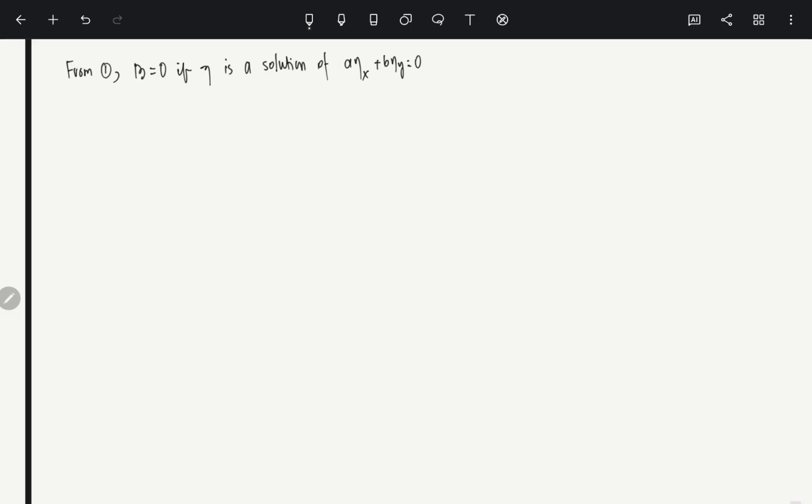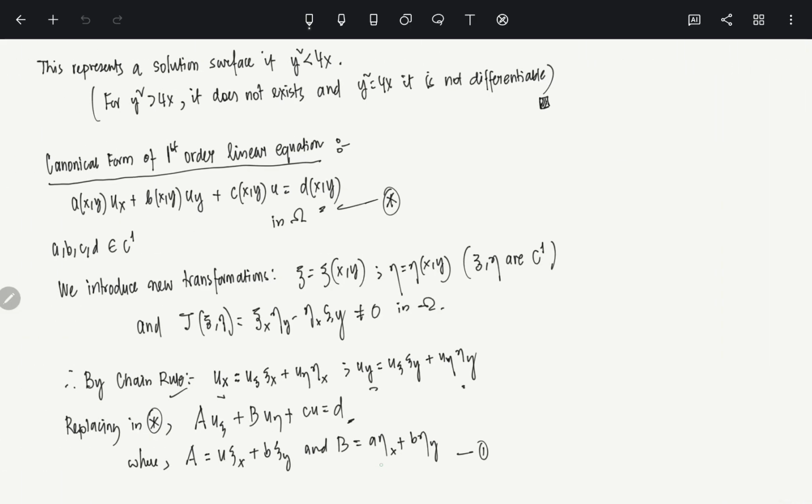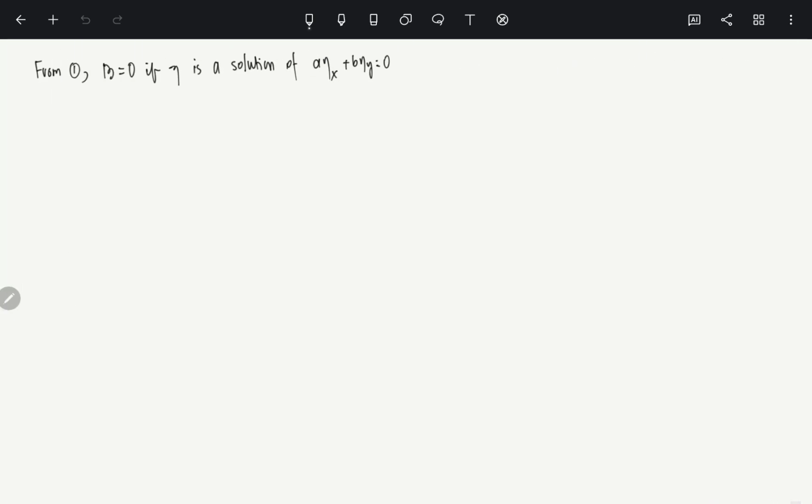You understand? If I am choosing an eta in such a way that a eta x plus b eta y equals 0, I can choose that. Once I do that, then that will give me B equals 0. Yes? And this equation again is a first order equation. We know what to do with that, right?